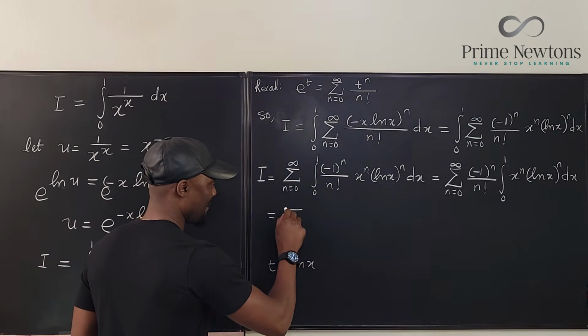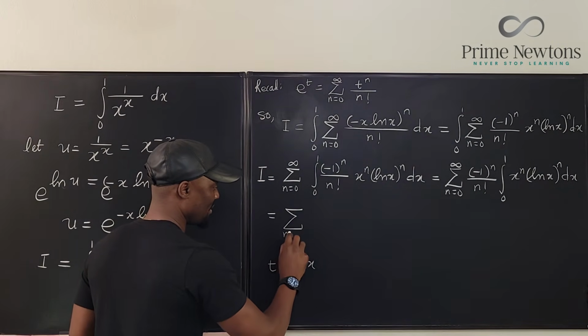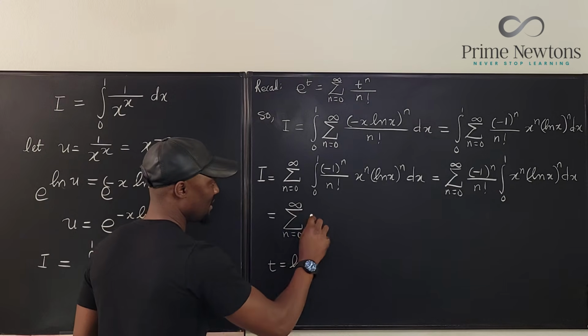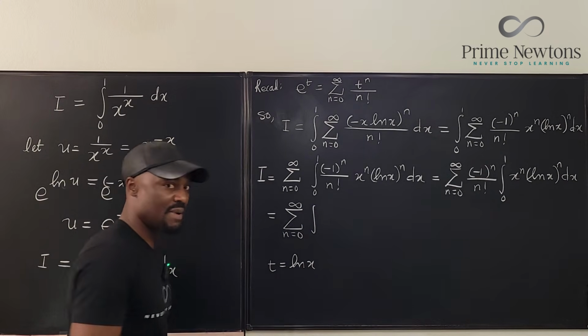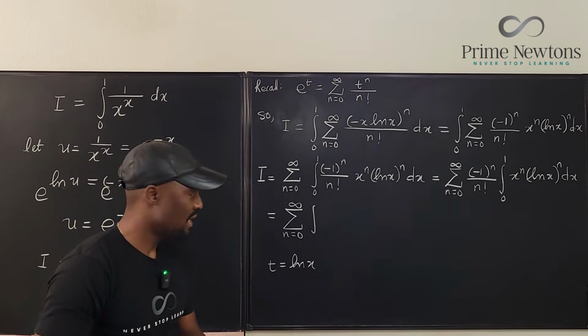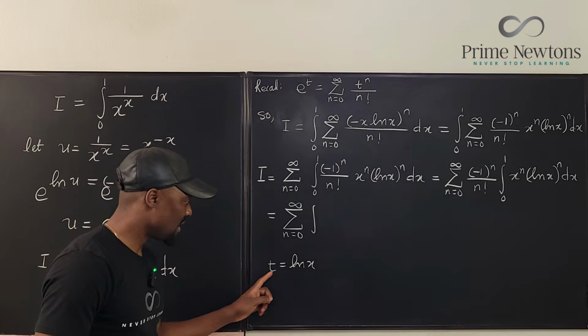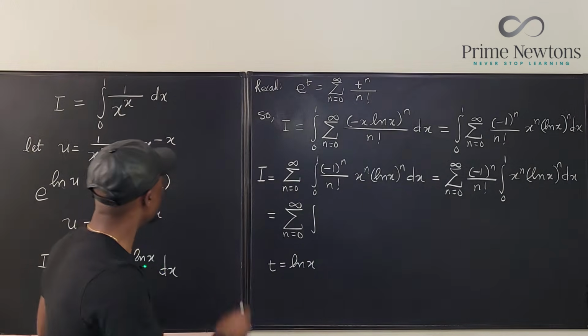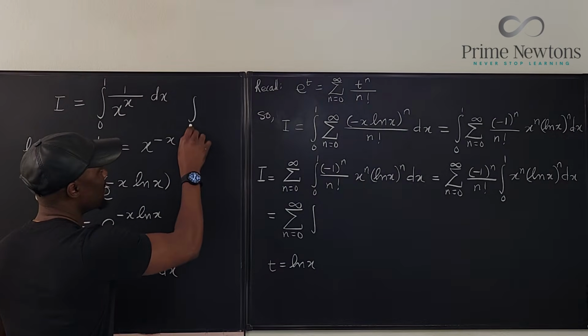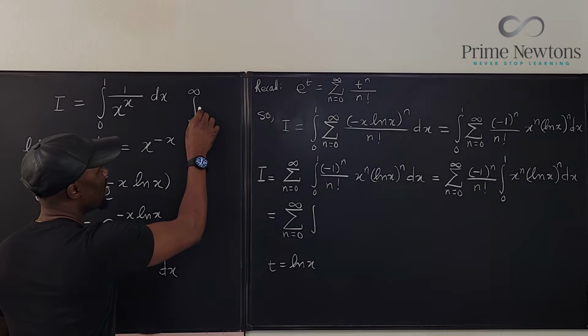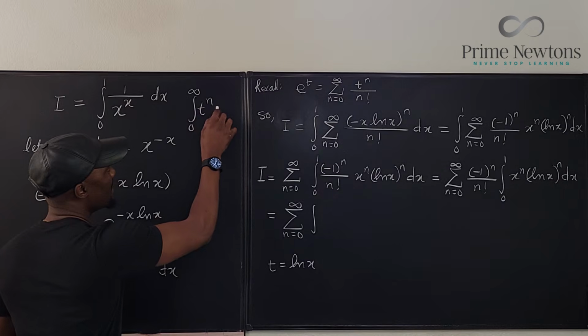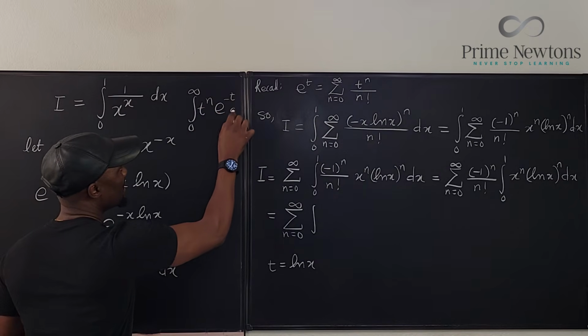Okay, so I'm going to continue this. Let me just prepare. So you see the substitution, n equals 0 to infinity. We have an integral. The bounds are going to change ultimately. Look, let's even start with the bounds. If t is ln x, remember I need it to look like this: the integral from 0 to infinity of t to the n e to the negative t dt.